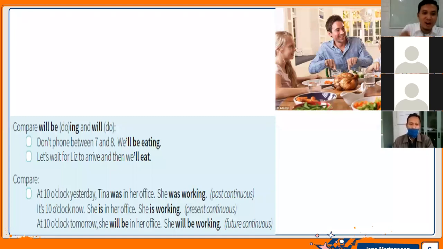The duration of my breakfast is between 7 and 8. So between 7 and 8, the action of eating is in progress. I will be eating, or we will be eating breakfast, just like in the picture.